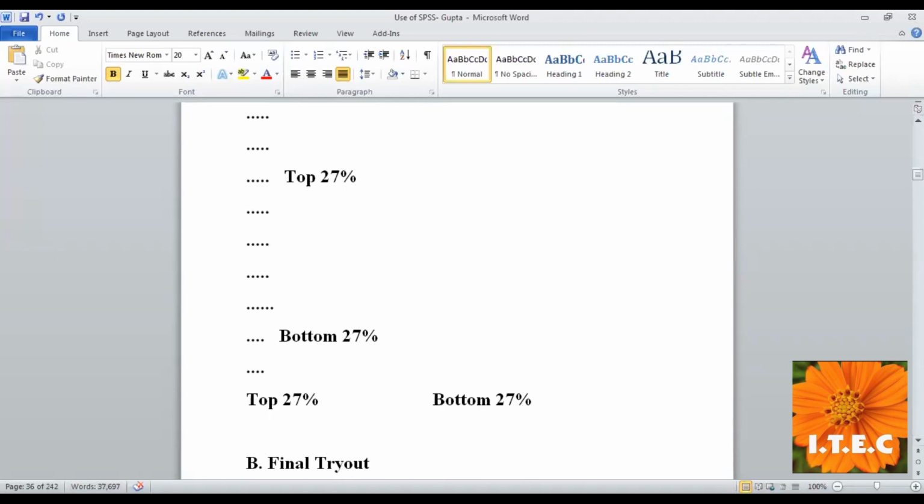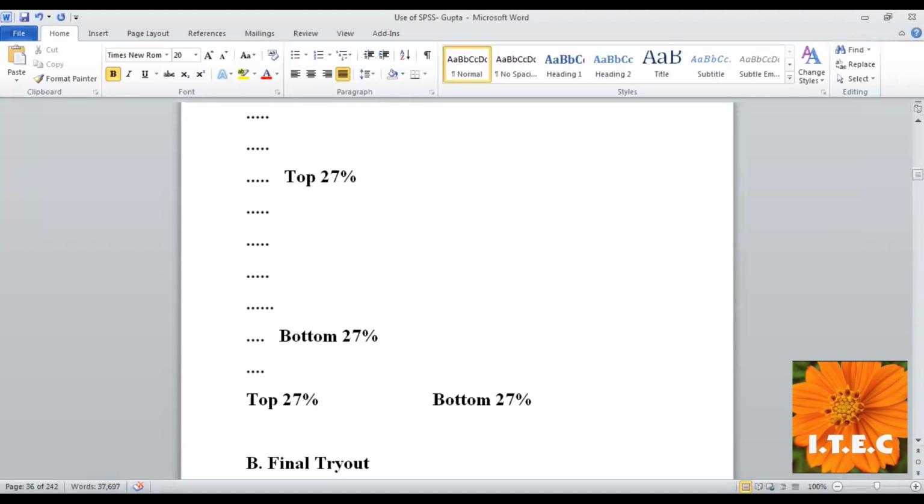You can ask me a question, why only 27%? Because 27% will give you the maximum discrimination. After that, the discrimination doesn't change very much. So if any one of you is interested, you may write one paper.